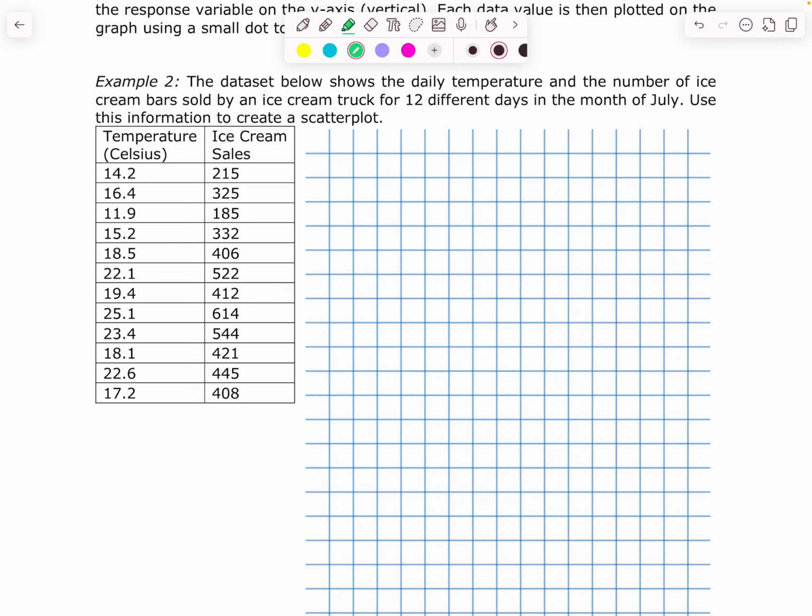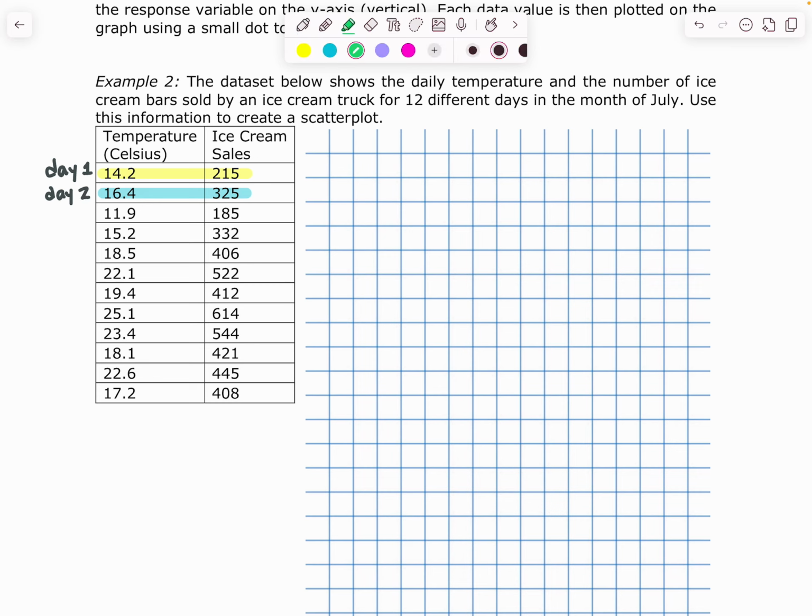When we're looking at data for linear regression, each of our data sets comes in a pair. This first row, showing the temperature and the ice cream sales, represents one day of data. So this is day 1. The next line is another day, this is day 2.